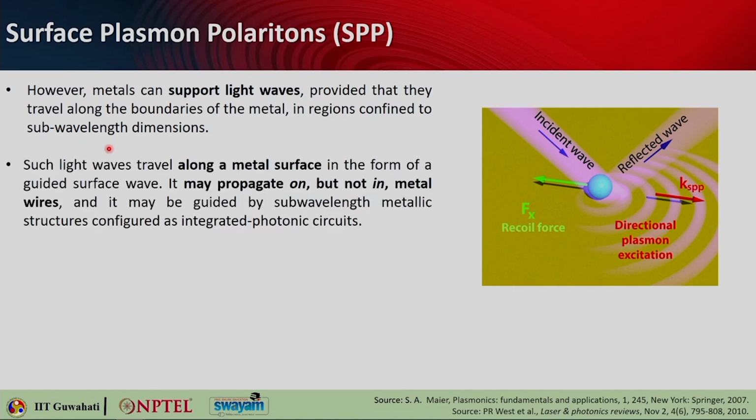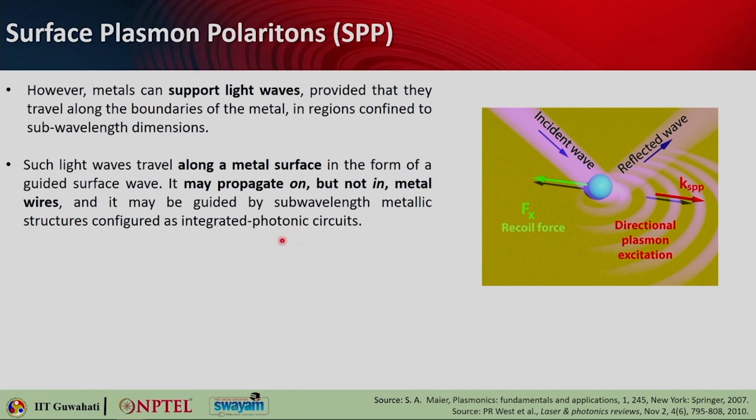Such light waves travel along a metal surface in the form of a guided surface wave. It may propagate on, but not in, the metallic wires. So you have to understand that it does not penetrate too much into the metal; rather it is mostly guided along the surface of the metal.